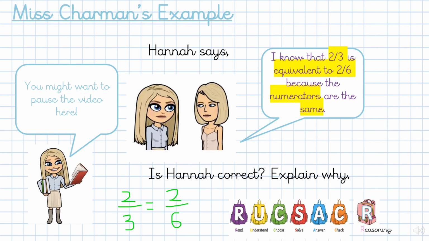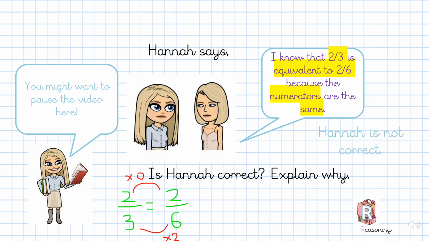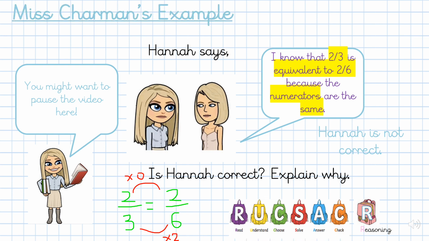I now need to choose how I'm going to solve the problem. It's now my turn to solve the problem, so I've now written out both of the equivalent fractions according to Hannah.